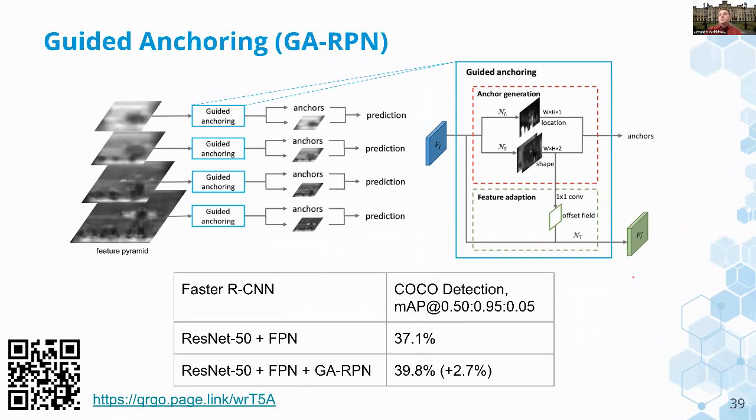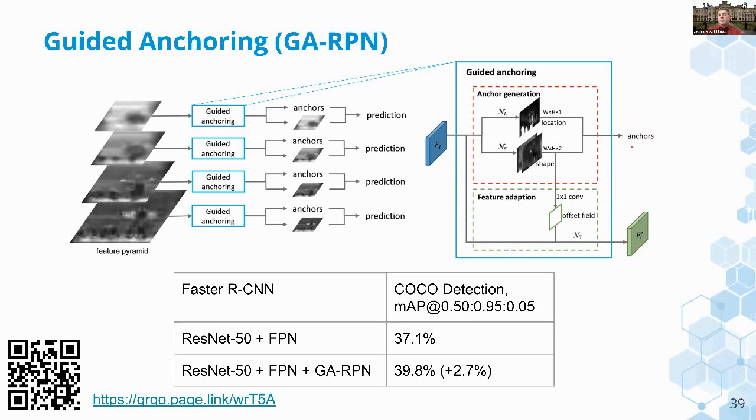To do so, the authors proposed a simple idea. We use the predicted shapes of our anchors, and using this information, we may generate offsets for our deformable convolutions, and then use these offsets to adjust our feature map to be well aligned with the generated anchors.